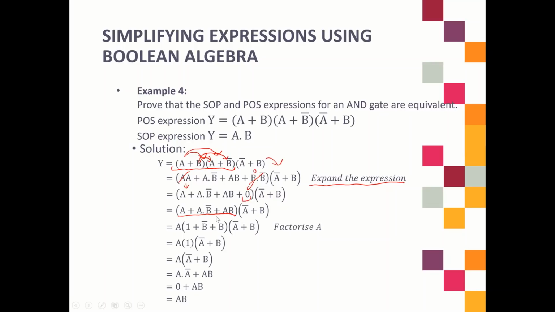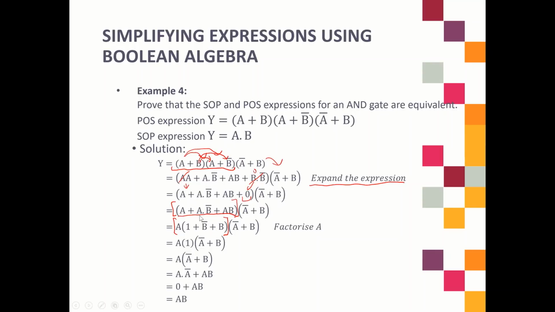And then next, still in our first bracket, you factorize a. For a bar plus b, you just drop the value.